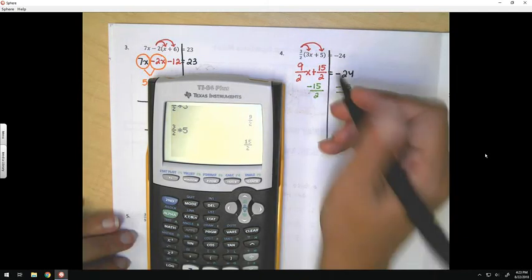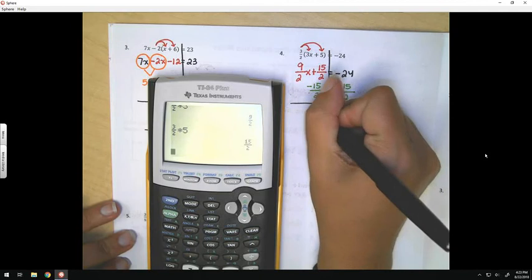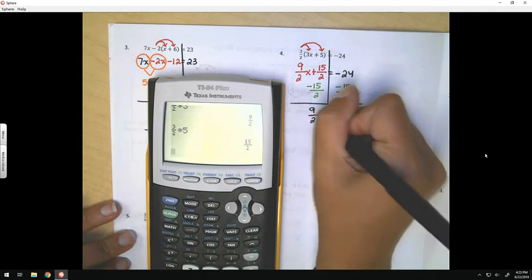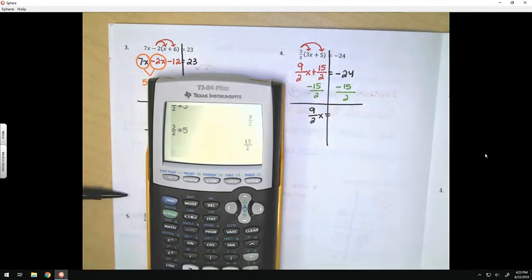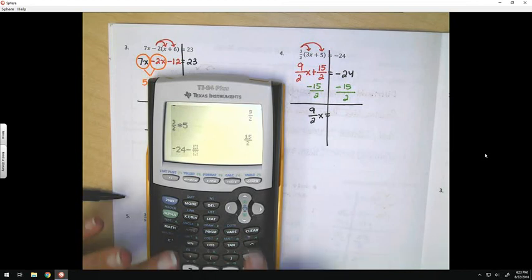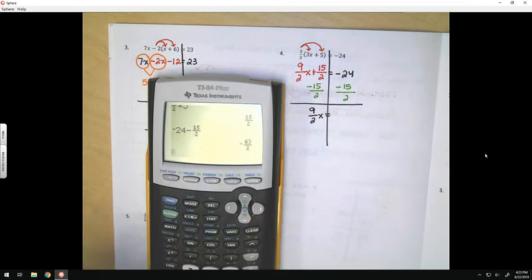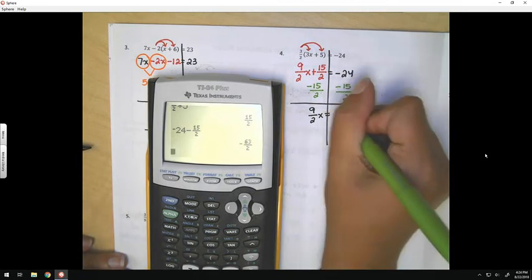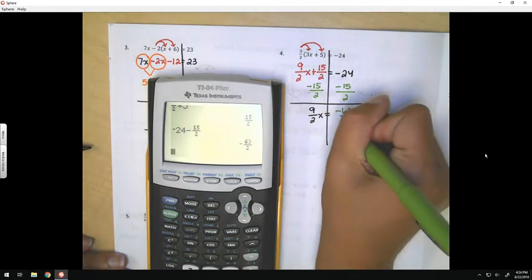And when I do that, I'm going to drop down the 9 over 2 times x, and on my calculator, I'm going to type in negative 24 minus, and then I'm going to hit alpha y equals 15 over 2, and I get negative 63 over 2.